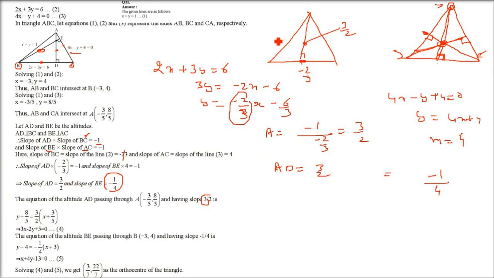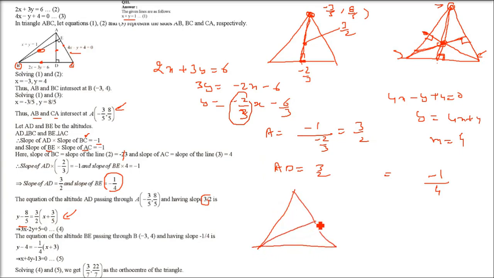I hope you had also done that intersection. This was the intersection of AB and AC. These two lines intersected and we found this point as -3 by 5 and 8 by 5. So a line is passing through this point with this slope, and the equation will be y minus y1 equals m(x minus x1). So this equation is 3x minus 2y plus 5.